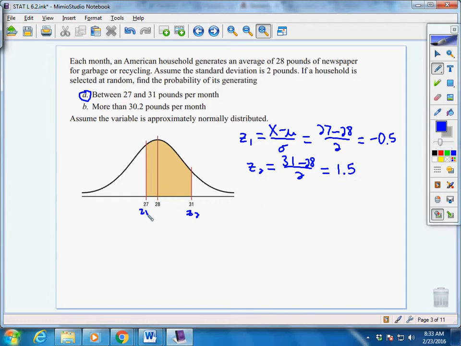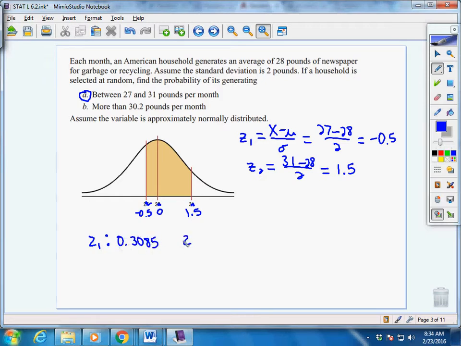So if you look here, what we're looking at when we do our table is that our mean is 0, and this is a negative 0.5 and a 1.5. So when you go to do the table, our first z-score at negative 0.5 is going to correlate to 0.3085.